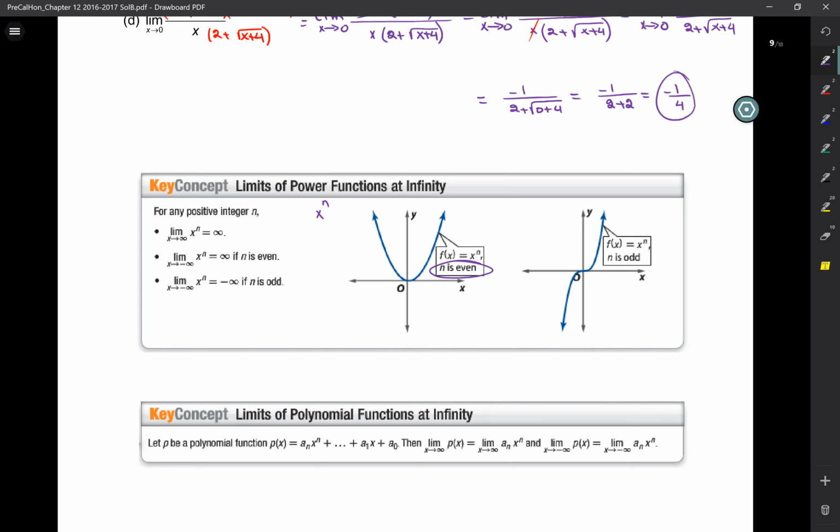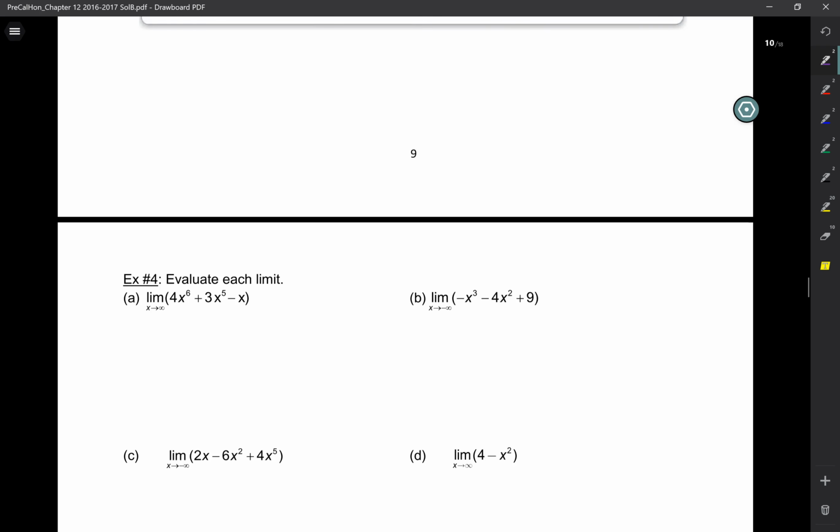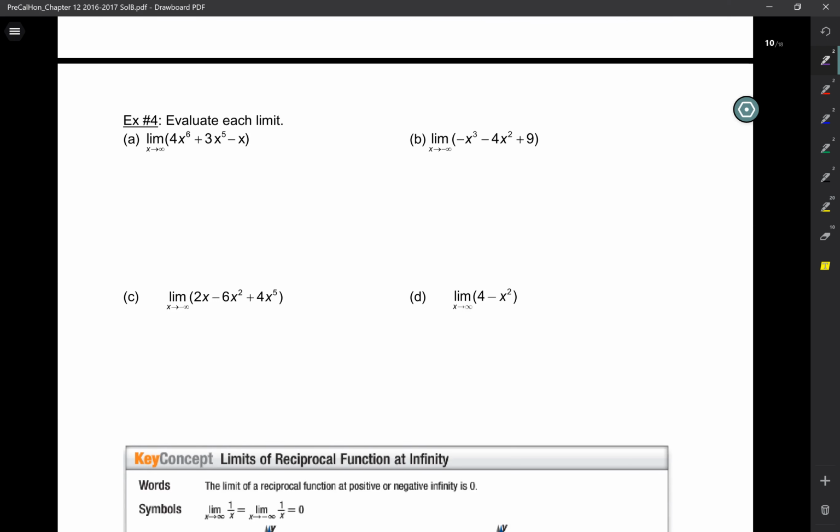Okay, let's take a look at this. So let's evaluate the limit at infinity. Suppose x is 1,000,000. When x is very large, like 1,000,000, look at what you have here. You have 4x to the 6.